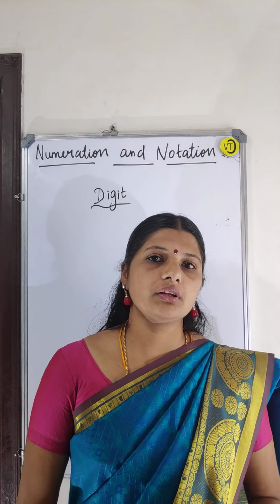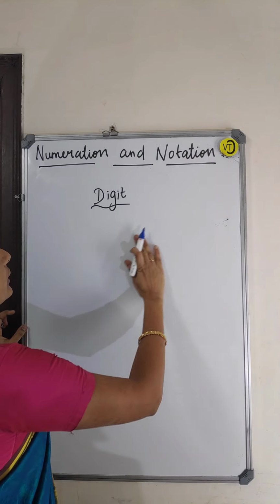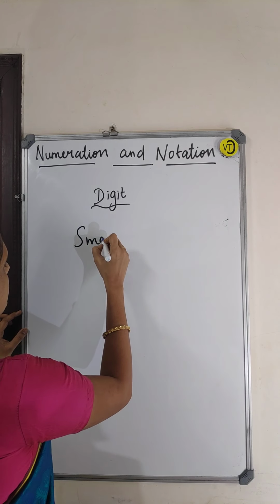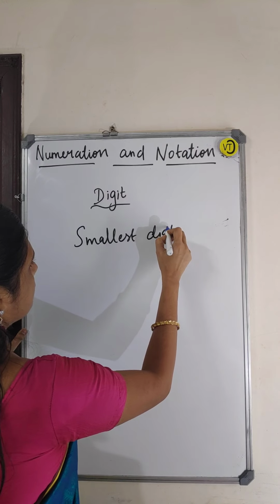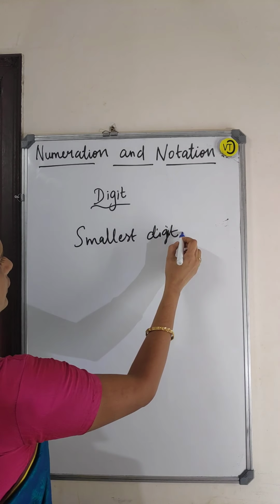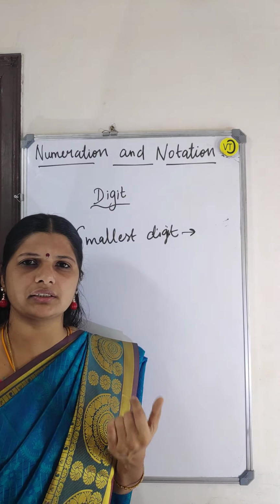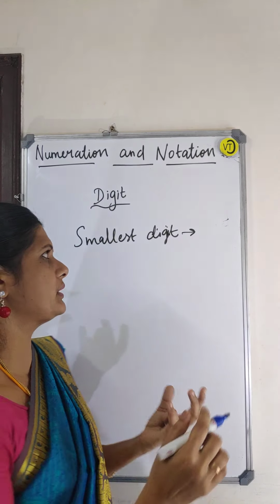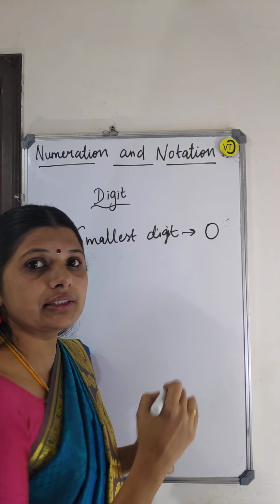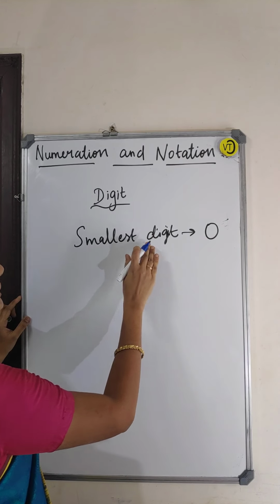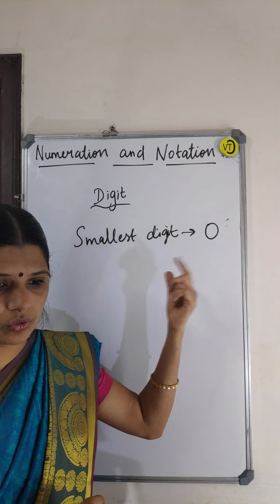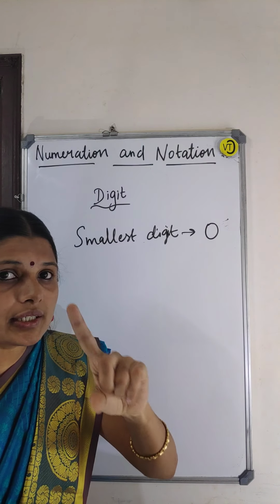Okay. First of all, digits here. Smallest digit. What is the smallest digit? The 0 is the smallest digit. Smallest one digit it is.